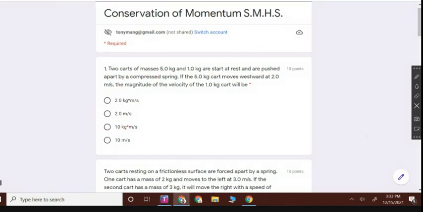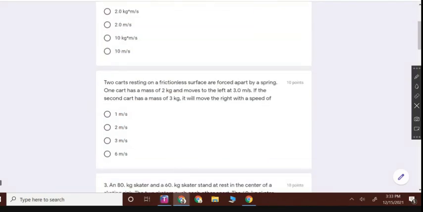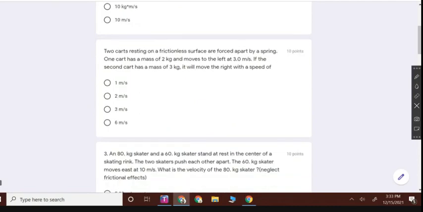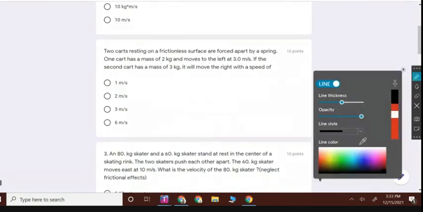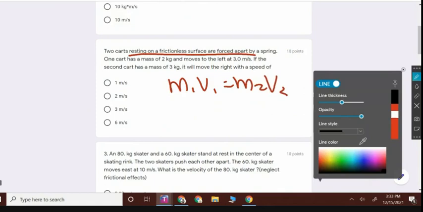Good, there it is. Two carts resting on a surface forced apart by a spring. m1 v1 equals m2 v2, right? Rest, forced apart by a spring, m1 v1 equals m2 v2. The 2 kilogram goes 3 meters per second.